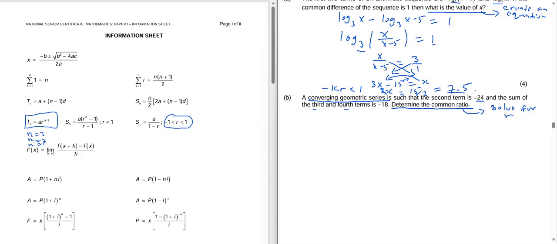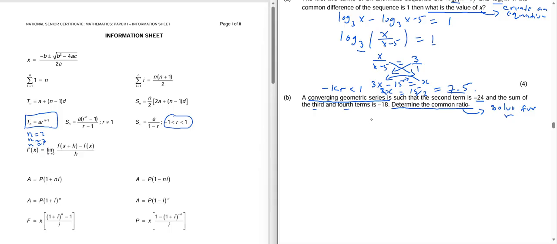That is the interpretation. Now, to solve for r, we need to create an equation, or equations, involving r. From the first statement, we are given that the second term is minus 24.